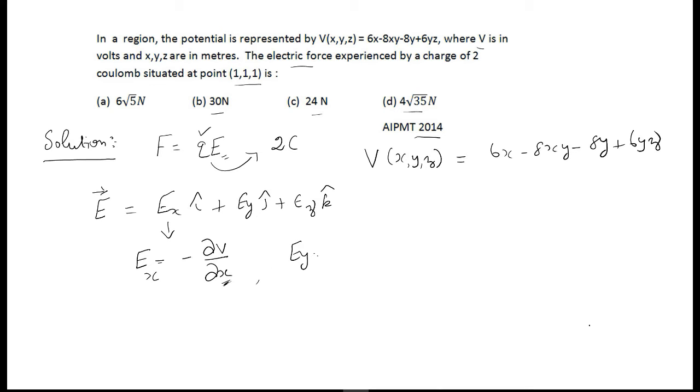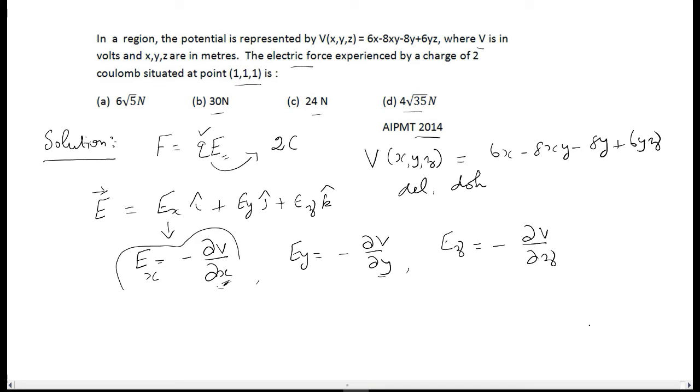Similarly, the y component of the electric field is -∂V/∂y. You can pronounce it as del, sometimes it is pronounced as dou V by dou y. Ez, the z component of the electric field, is -∂V/∂z. For Ex you take x as variable, y and z constants.